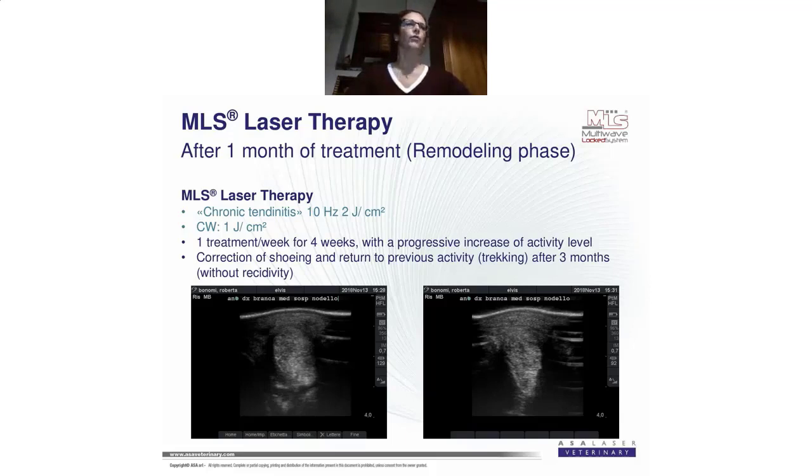So, of course, correction of shoeing, and we had the return to previous activity after 3 months, and no recidivity till now. So also this case responded very well to laser therapy, even if it was a recidivity of an old lesion.